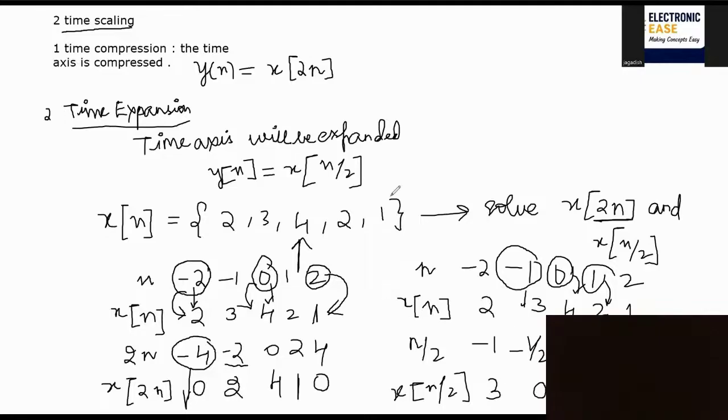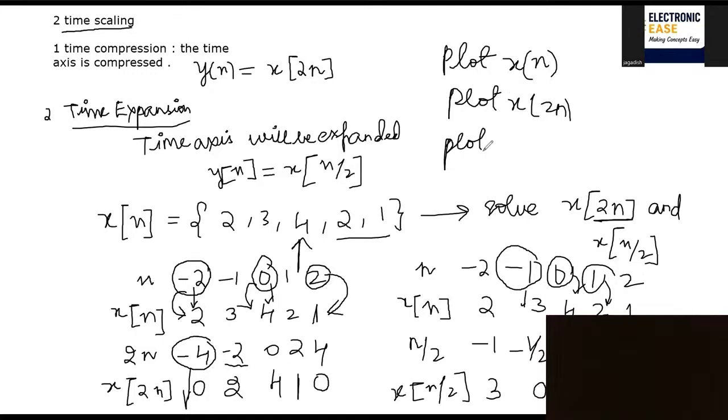So in the examination, you need to plot the x of n first. Then you need to plot x of 2n and x of n by 2. I think everyone knows how to plot a signal now. So one signal, I will plot x of n. At 0, 4 is there, so 4 at 0 you have to write.